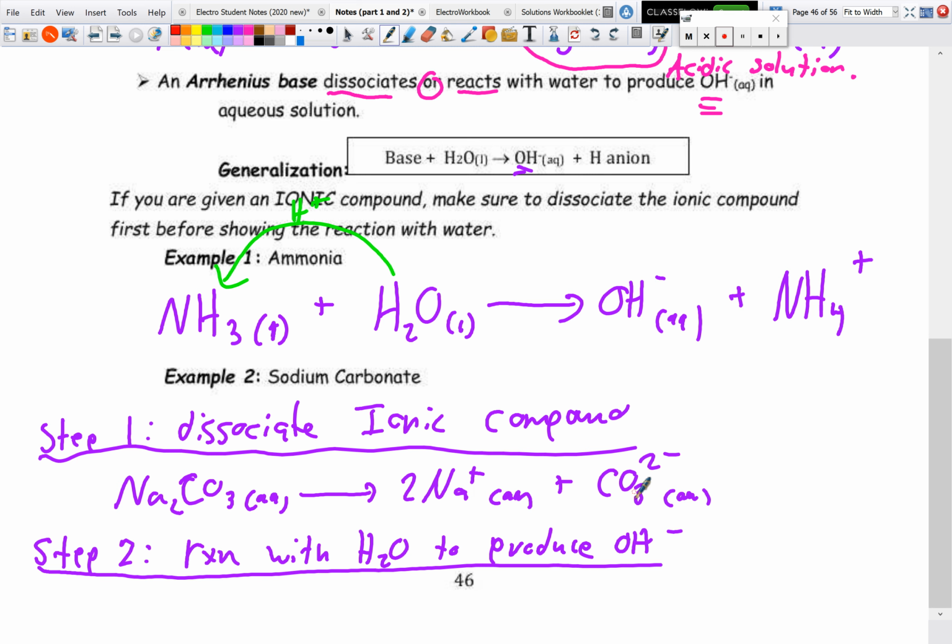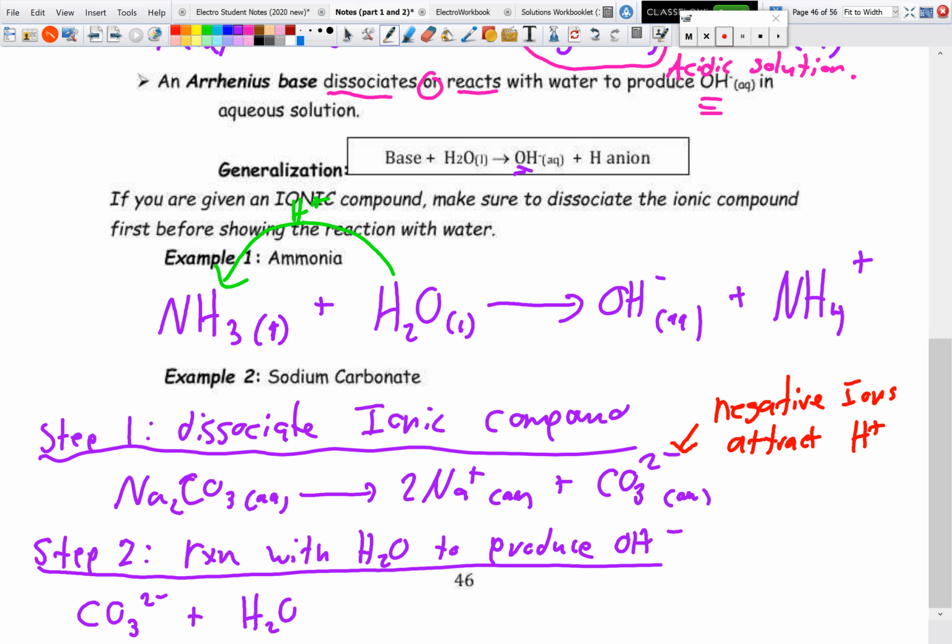So if you're looking at what could potentially react with water that's going to attract a positive hydrogen, it's this negative charge on the carbonate, right? So negative ions attract our H+. So what that means is our carbonate needs to react with our water to produce, now we are going to get hydroxide, OH-.